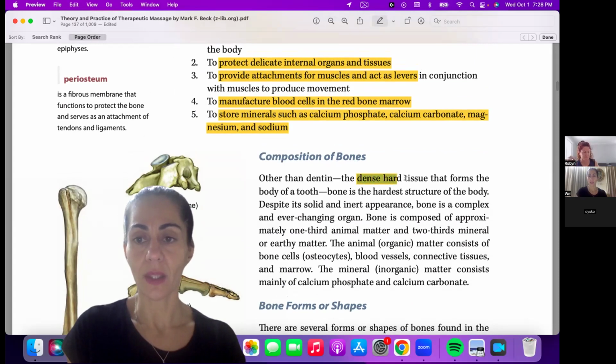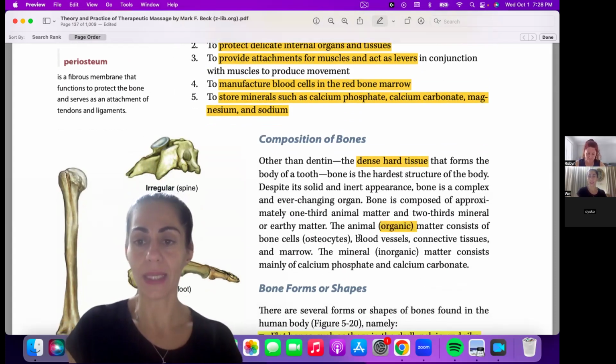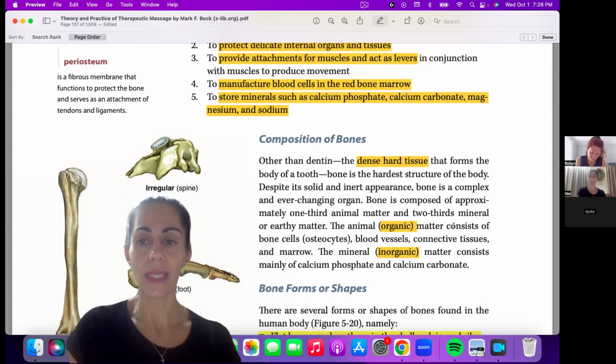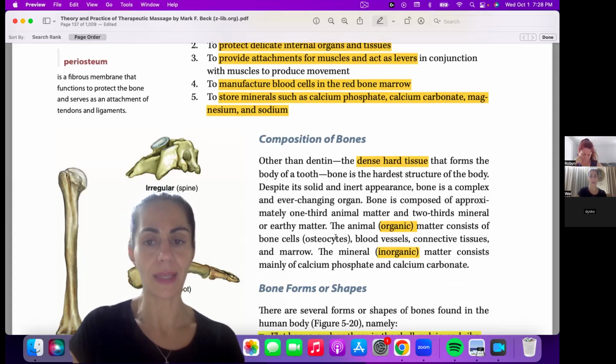Now, composition of the bone. There's dense hard tissue that forms the body. For example, bone is the hardest structure of the body. Now, there's two matters, organic and inorganic. The organic matter consists of the osteocytes. So osteo is bone and cytes are cells.